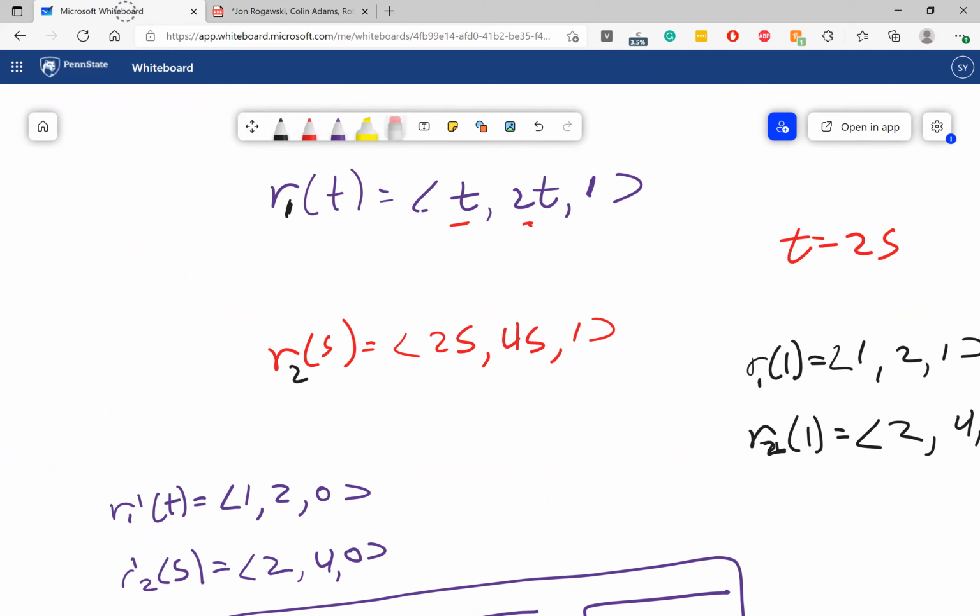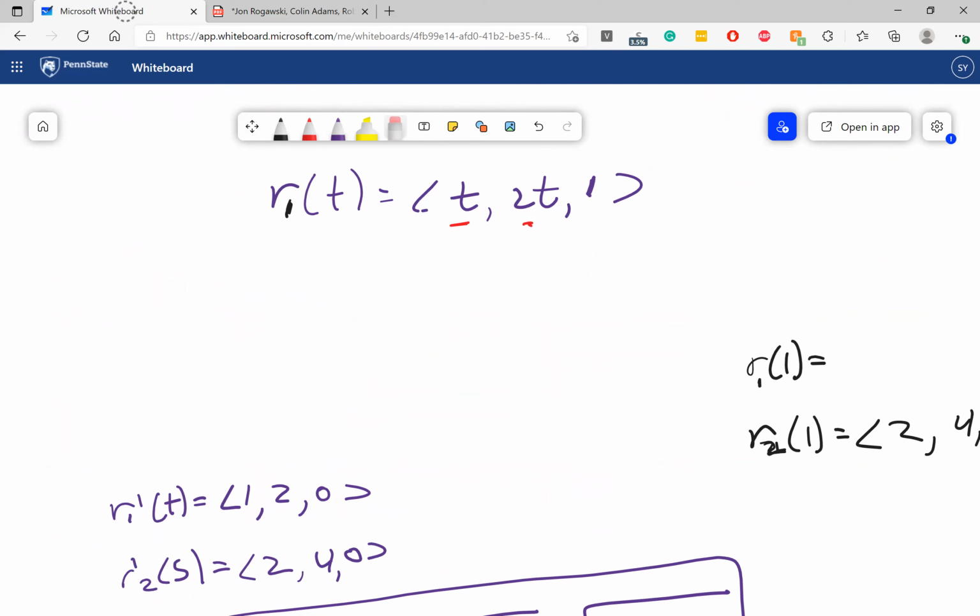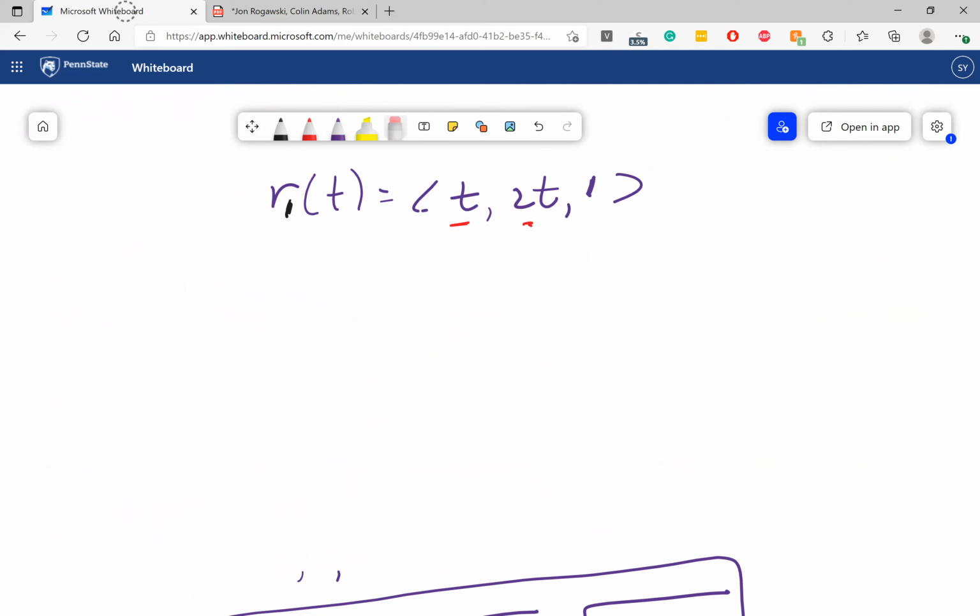So let me erase some stuff. So now instead of R1 of t, I'm going to have R2 of s, and that's going to be t over the square root of 5, 2t over the square root of 5, and 1.